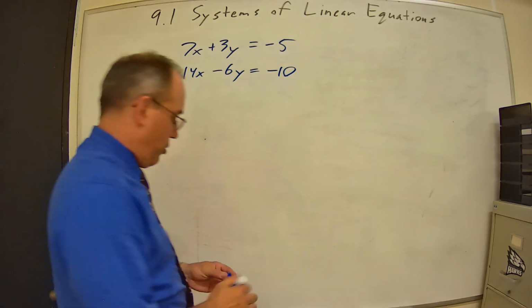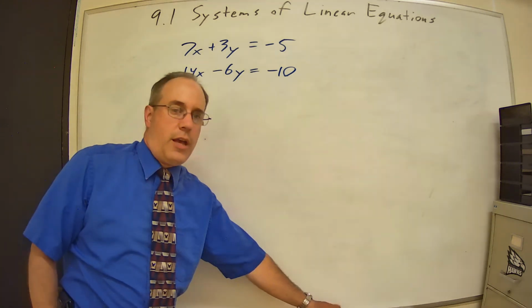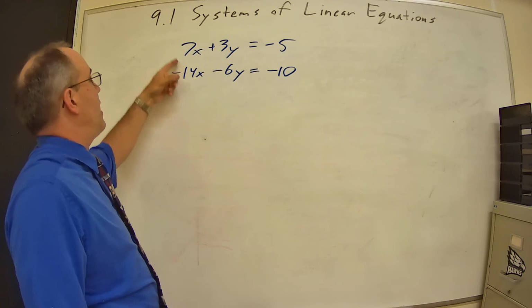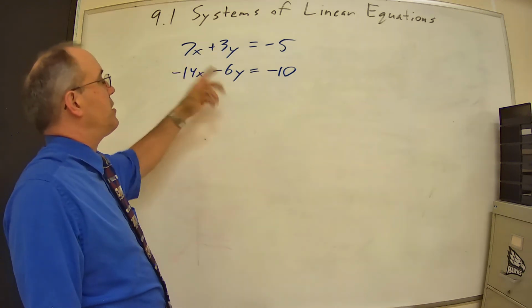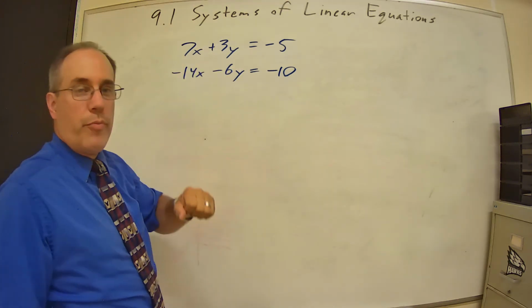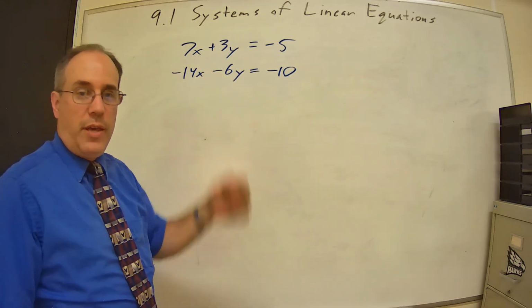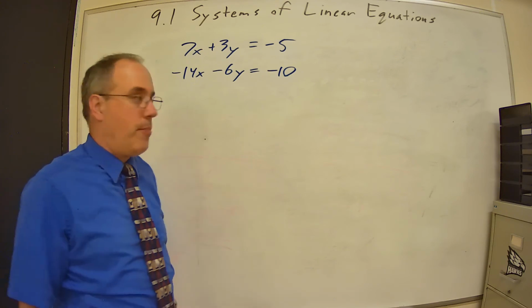Now personally, I look at this and I see a system that is not saying I want to use substitution. I see a system where I've got 7 and negative 14, 3 and negative 6. I'm seeing that if I multiply this top one by 2, I'm going to get some cancellation here. So it looks to me like an elimination problem.